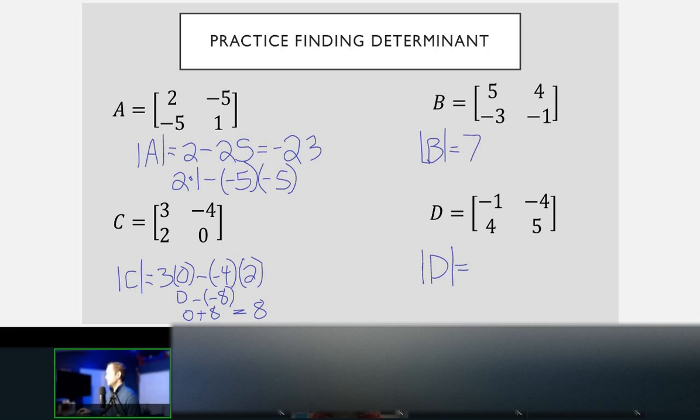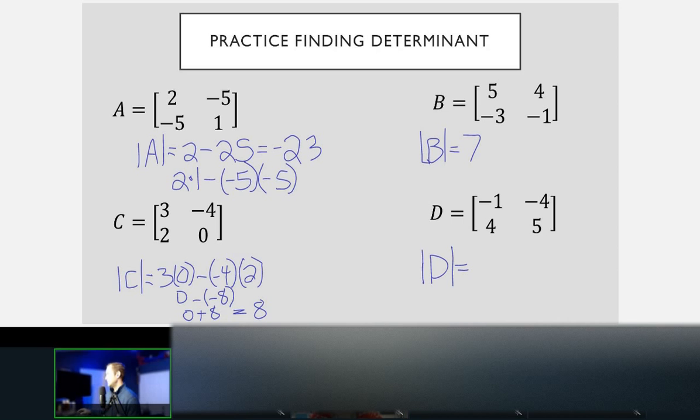All right, and then what's the determinant of D? So we got a bunch of positive 11s.